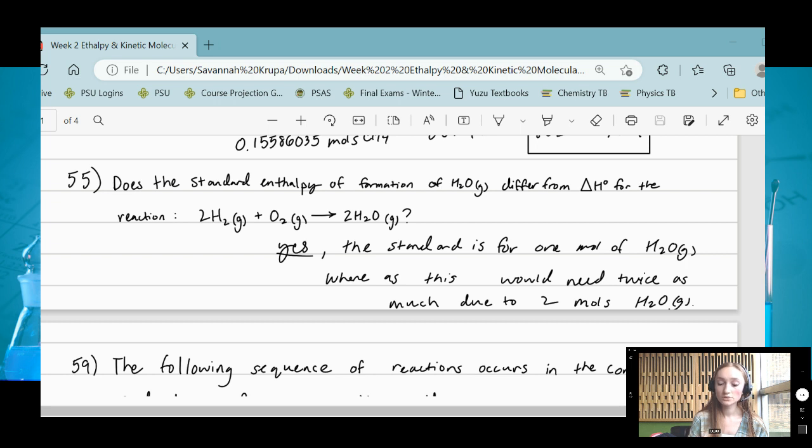So it's going to be 2 times the standard enthalpy value of it, because the standard enthalpy values that you find in tables or on the internet are going to be per 1 mole of that compound, whatever gas or liquid you're trying to find. So since this is making 2 of it, it's multiplying by 2, because with twice the amount, it's going to produce or take in twice the amount of energy. So yes, it is different.